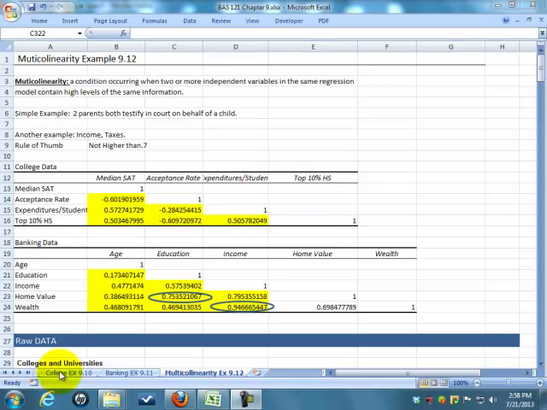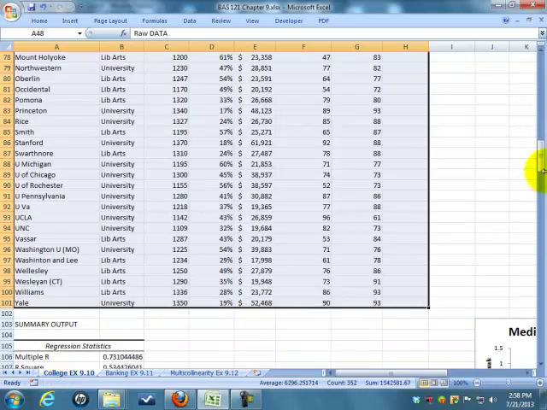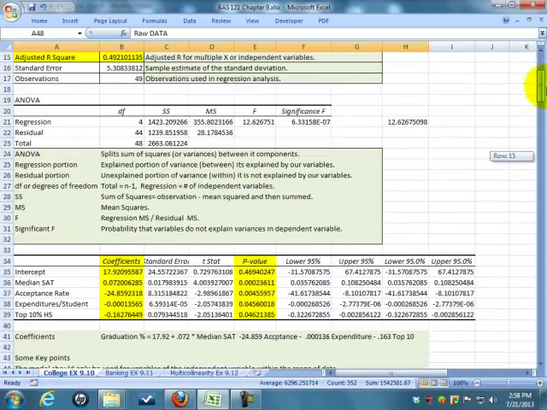We came up with an equation for the graduation rates, and all our p-values were less than 0.05. And we had a reasonably good adjusted R-squared, so we had a pretty good predictor.